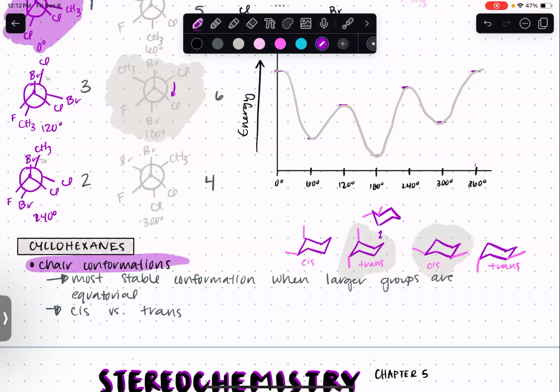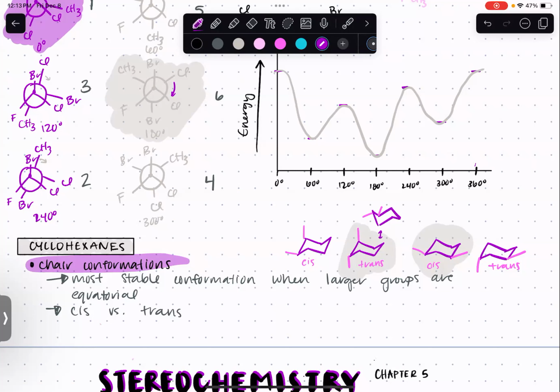No, more stable is always going to be the one where we have more groups equatorial. Oh, okay, that's what I thought, but there was a question on an exam that, well, I'll go back and find it, but I thought that it wanted it to be axial, like that made it more stable, and I'm trying to figure out why that would be, but I'll have to go find it.